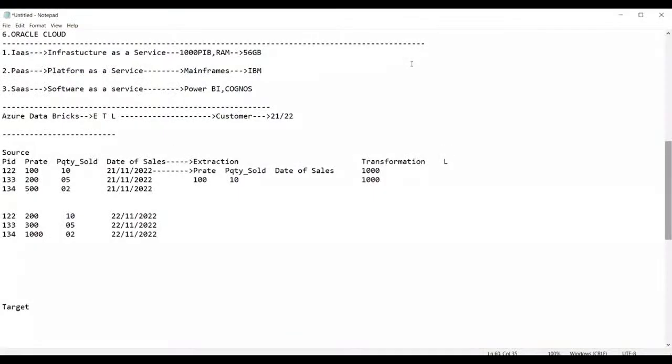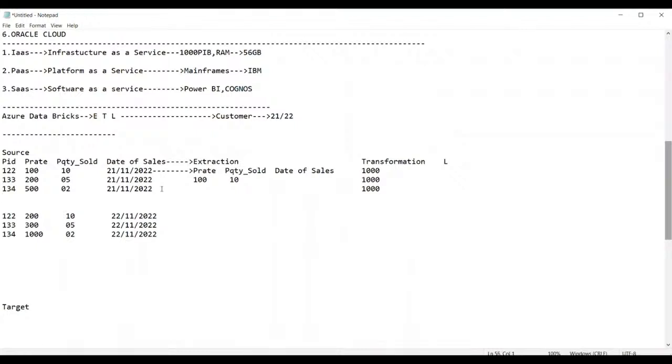Yes. Now guys, see here. We were discussing the calculations. 100 into 10 is 1000. 200 into 5 is 1000. 500 into 2 is 1000. Now calculate the sum here.